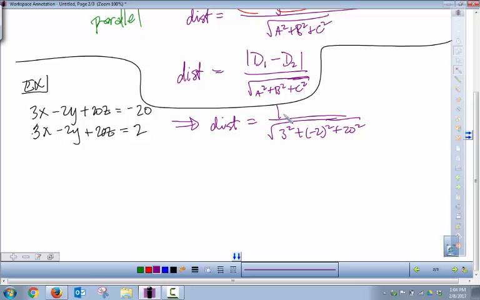You know what I mean? And that's it. We're done. Do the bars do anything for the negative 1 and minus 2? Absolute value. So just to make it positive.